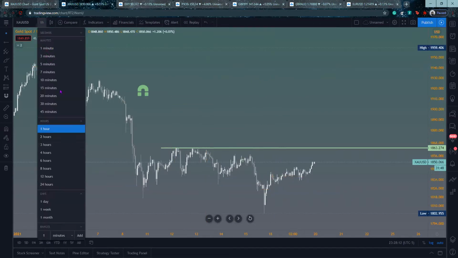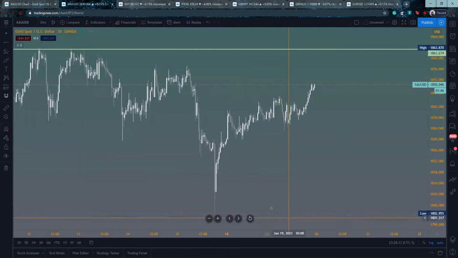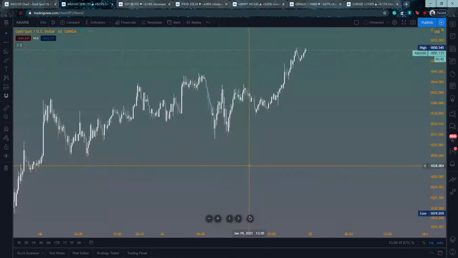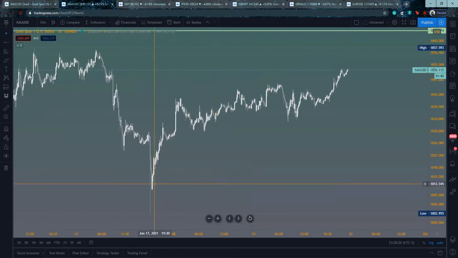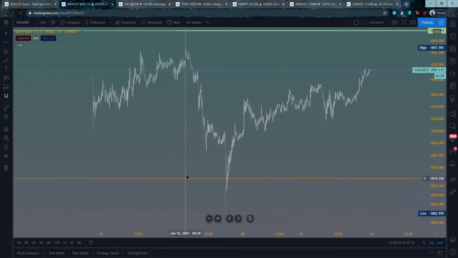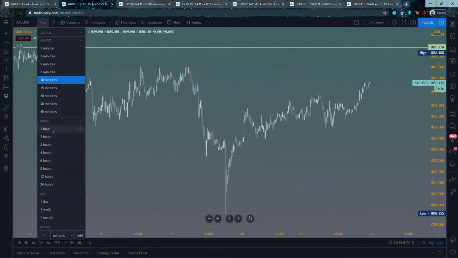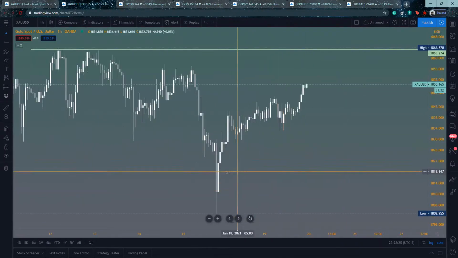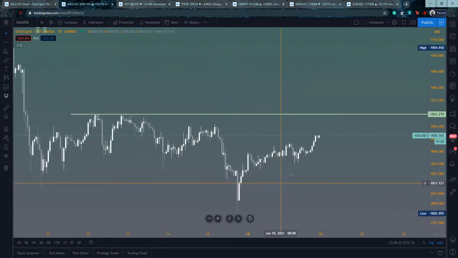Now, if we go on lower time frames and scale in, let's see what's up. It's so large. I don't like it. Yeah, so this candle. Okay. So there's two options that we have. Here, this whole order block could be one of our entries, right?